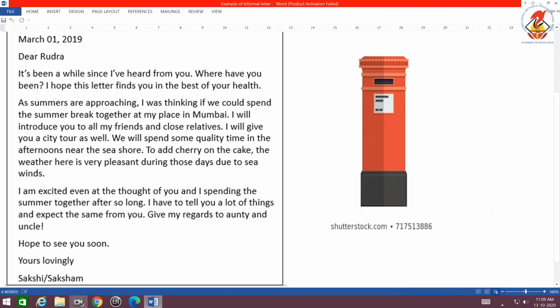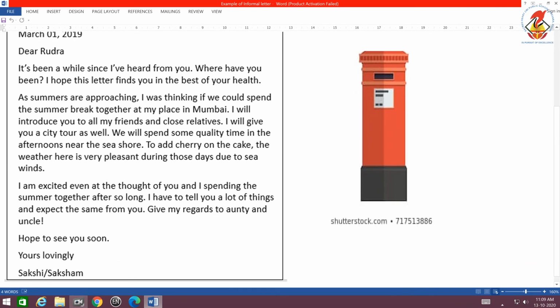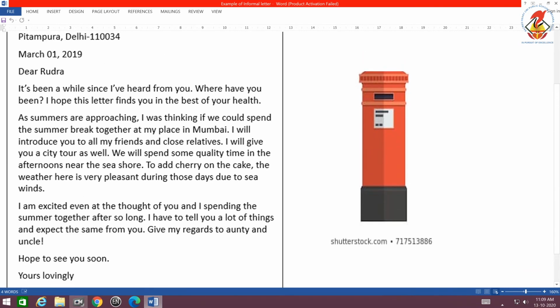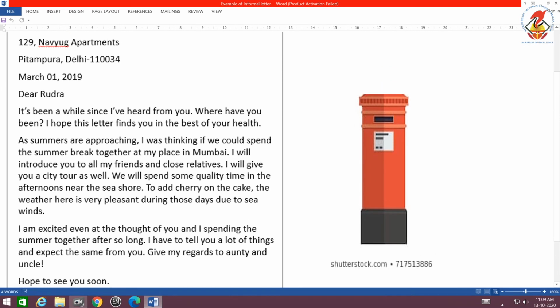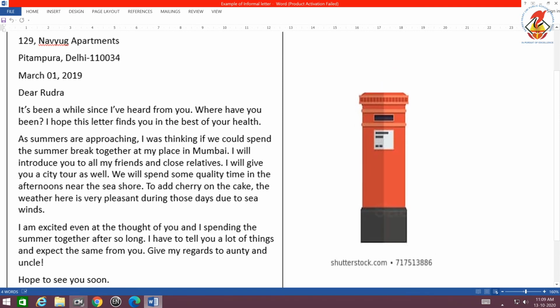And yours lovingly, Sakshi. So, you see, this is a letter from one person inviting her friend for the summer vacation. They are planning to blast. She is having a lot of plans in her mind, and she is telling that she is expecting to add cherry on the cake.